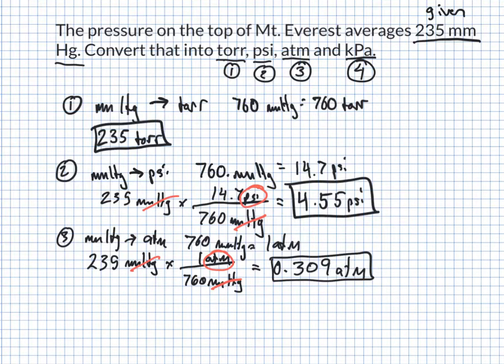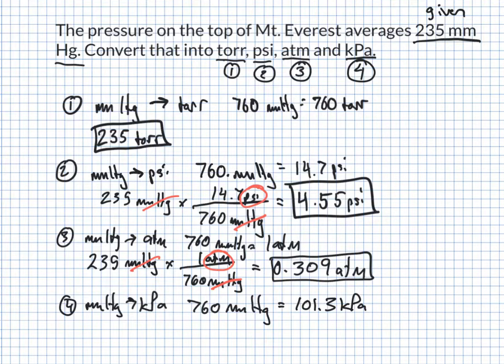And for my last problem here, let's raise this up, give me a little more room. Okay, so for my fourth problem, I've got millimeters mercury to kilopascals. So 760 millimeters mercury equals 101.3 kilopascals.